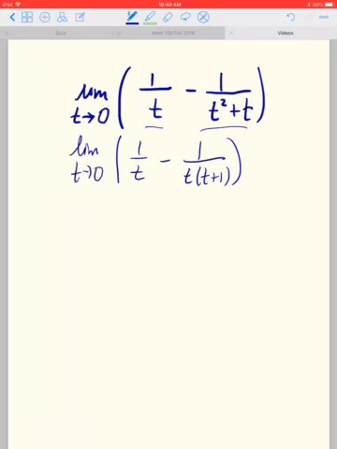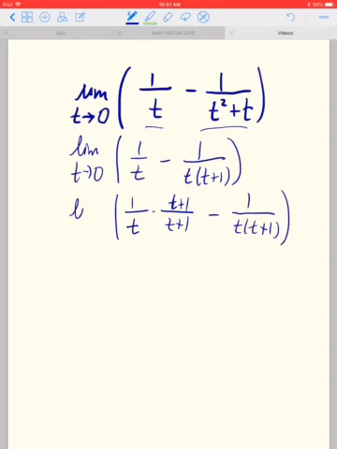Rewrite my limit. And now when I look at this, I say, aha, I can get a common denominator that's just going to be t times t plus 1. So I just need to multiply the first thing by t plus 1 over itself. And then my second term already has that denominator.